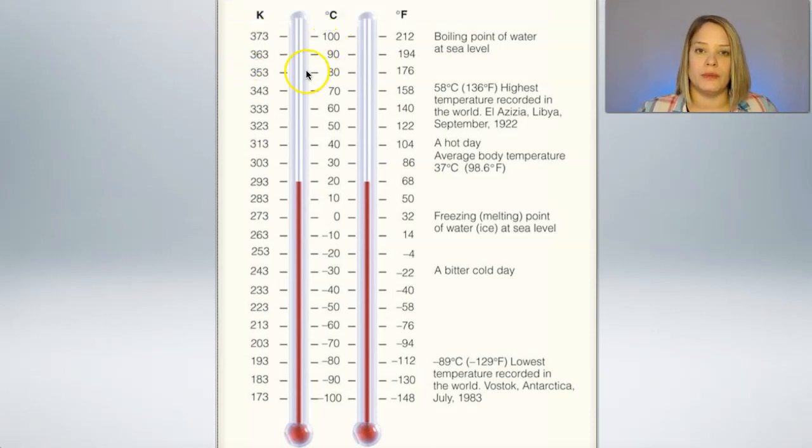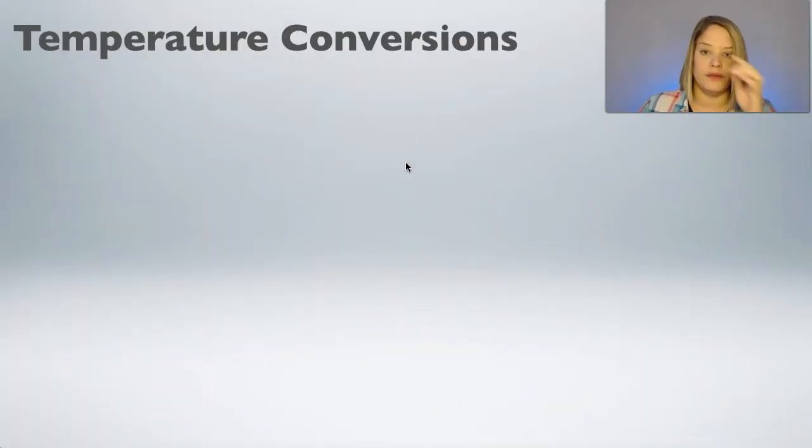So when you're converting between Celsius and Kelvin, it's just a really simple addition or subtraction problem. Fahrenheit, on the other hand, if the temperature goes down 10 degrees Fahrenheit, it does not go down 10 degrees Celsius. You can see the numbers don't match up like that. So it's a weird conversion for the Fahrenheit, but it is a conversion that we're going to do.